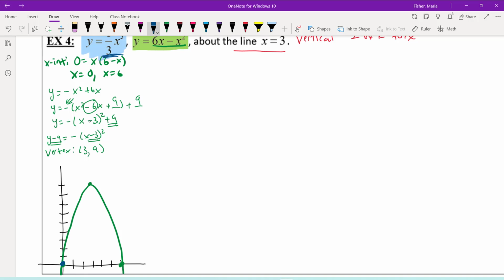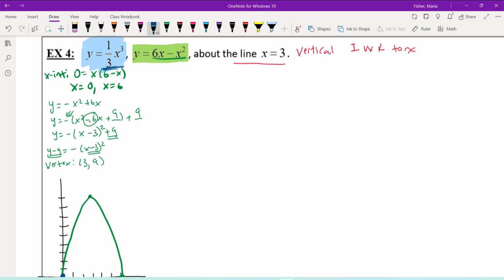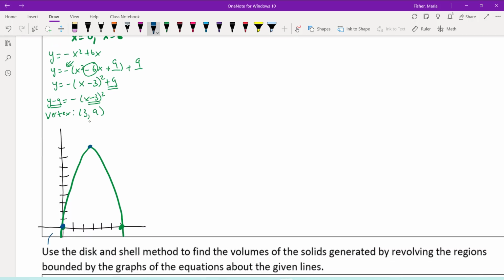When x is equal to 3, we would have 3 cubed, which is 27, times a third, which is 9. So we plug in those points, and we look just like that. And that is my y equals 1/3 x cubed. So the region is this guy right here because that's bounded between the parabola and the cubic function.